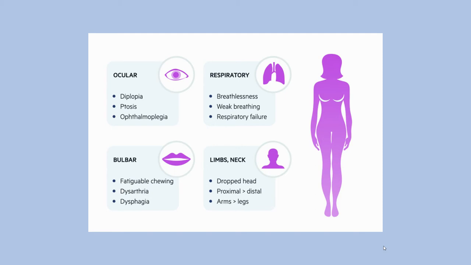And then, just with the muscle weakness with shoulders, they'll have the dropped head. Proximal is more affected than distal in arms and legs. So proximal muscles are more affected than the distal. And then arms too seem to be more affected than the legs when it comes to muscle weakness with these types of patients.